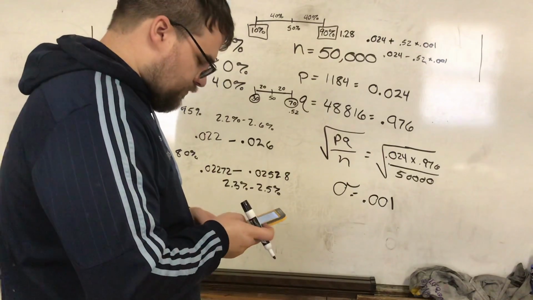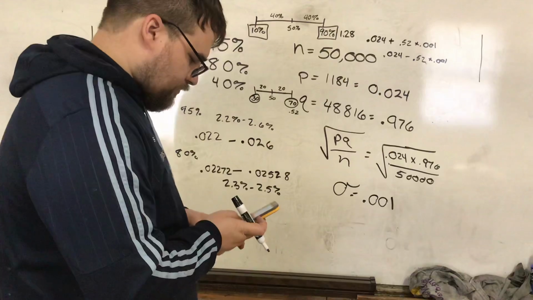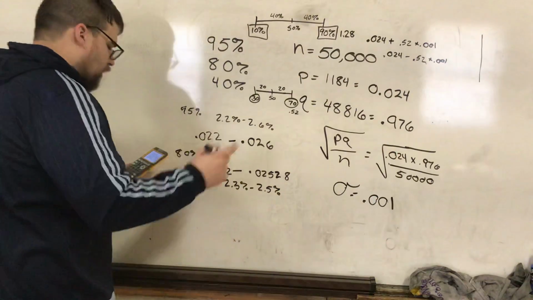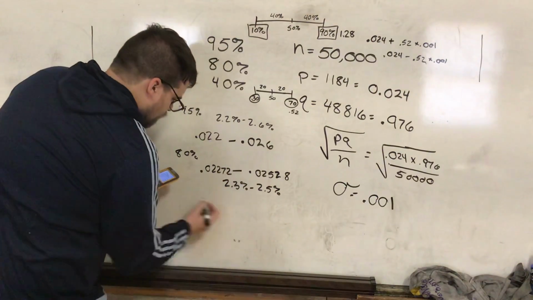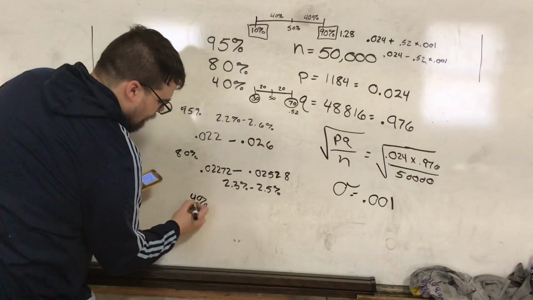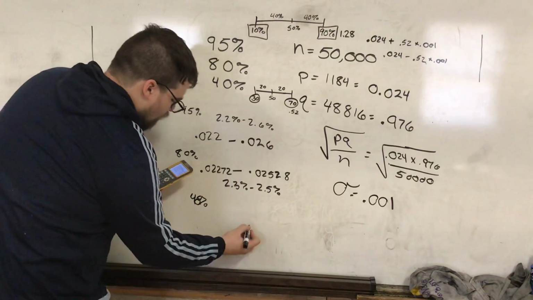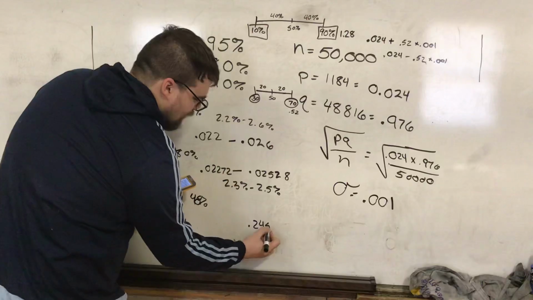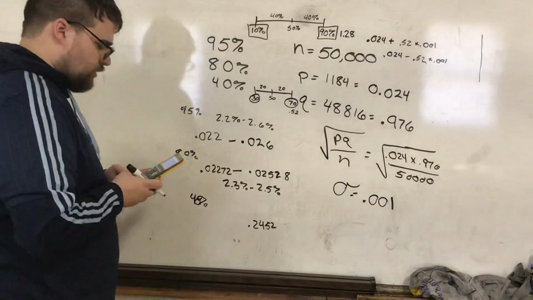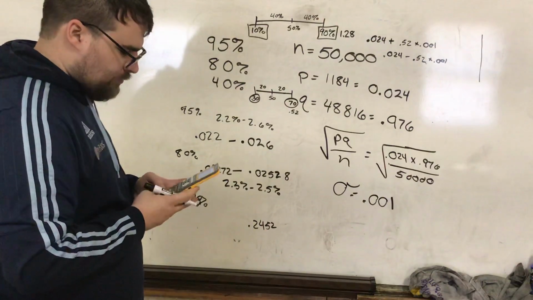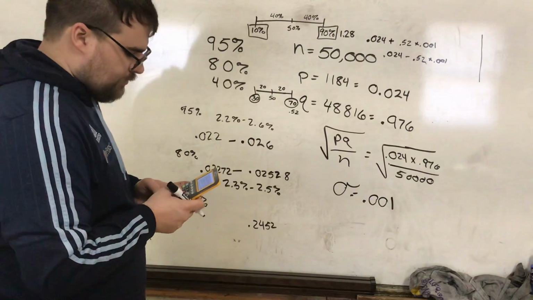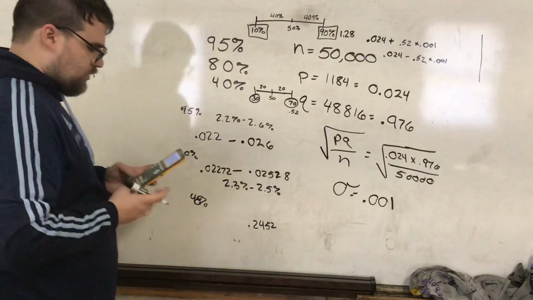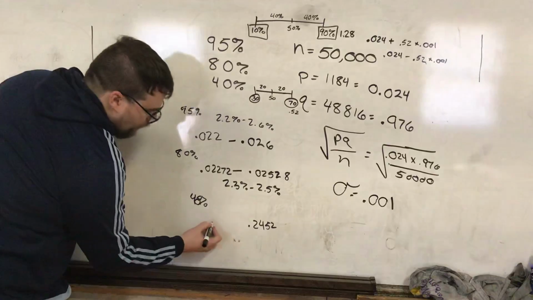So let's see. That's going to be, on the upper side, 0.0245, and on the lower side, we are going to get 0.0234.